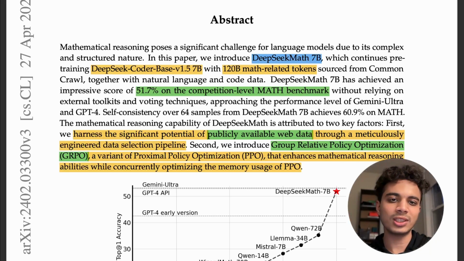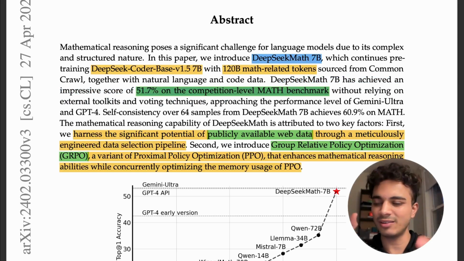They are introducing DeepSeekMath 7B, 7 billion parameters only, which is pretty small. The key thing about it is that it scores 51.7% on a competition level math benchmark, which I think is an American or English mathematics benchmark, which is pretty standard. It outperforms every single open source model.